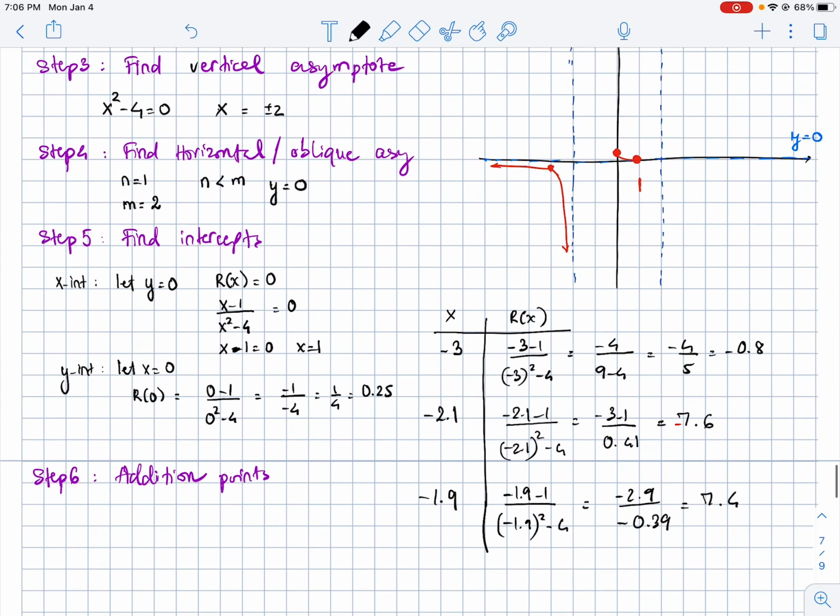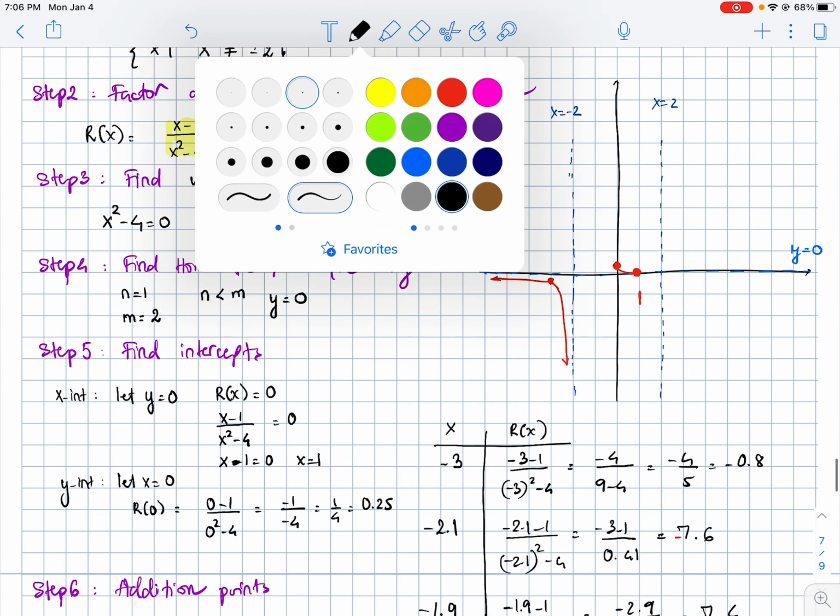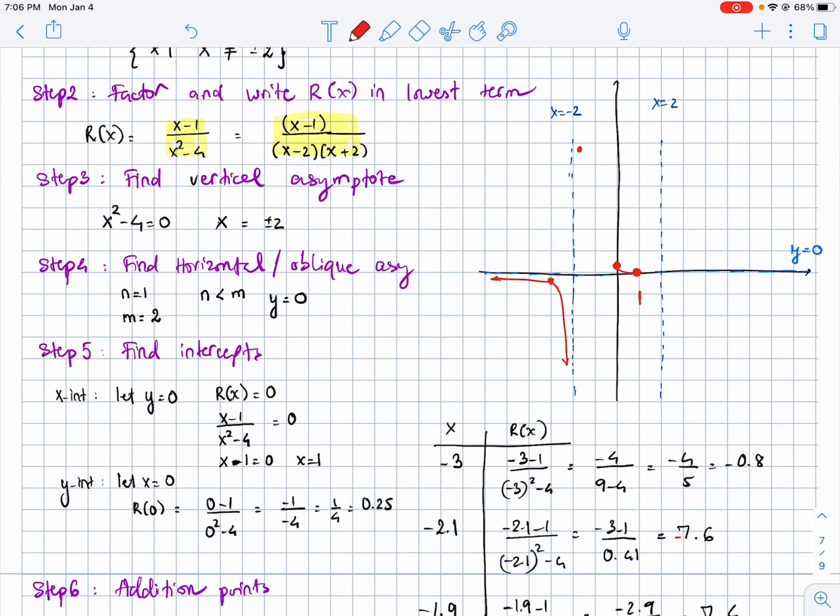So where is the point -1.9, 7.4? That point on the graph is somewhere here. You don't have to graph the point because 7.4 compared with your data in this situation is far away. So what you do is just draw the curve approaching the vertical asymptote, like that.